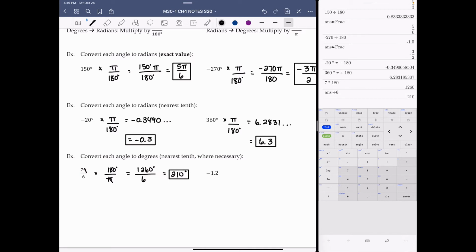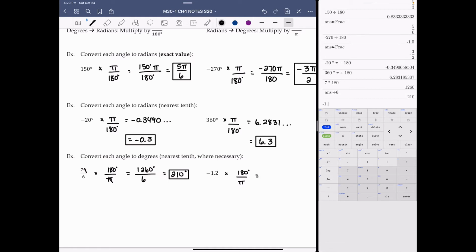Last one, negative 1.2. This is in radians. I know that because there's no degree symbol, so it has to be in radians. I'm converting to degrees, so I want to multiply by 180 degrees over pi. There isn't a pi in the radians to divide out, so we'll just put this in our calculator.